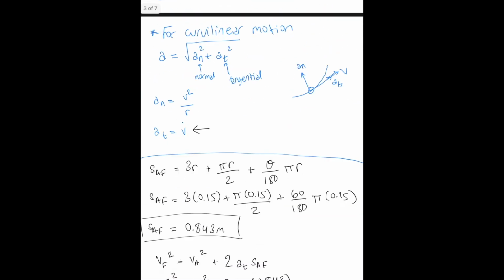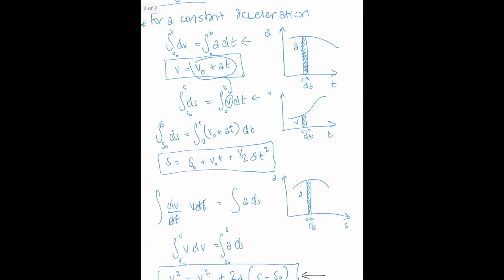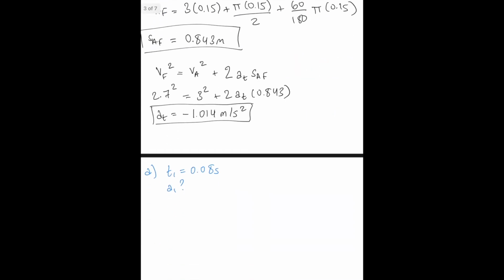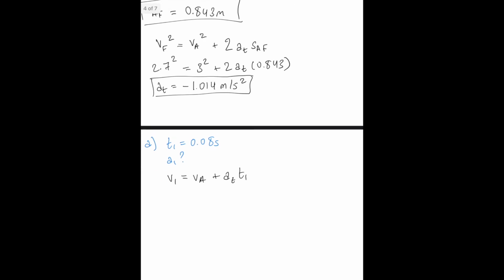So we're going to use this equation over here to solve for the velocity. So v1 is equal to v_A plus a_t t1. And when we plug in our known values, we get v1 is 2.92 meters per second.